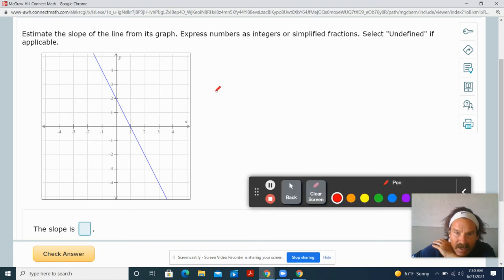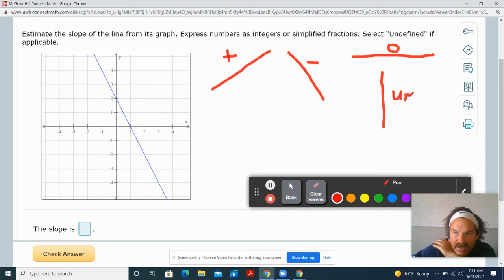Lines that slant this way have positive slope. Lines that slant this way have negative slope. Lines that are flat have zero slope, and lines that are straight up and down have undefined slope.